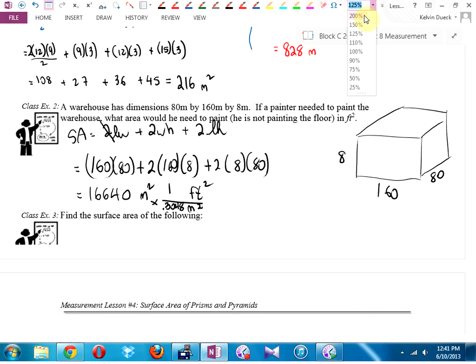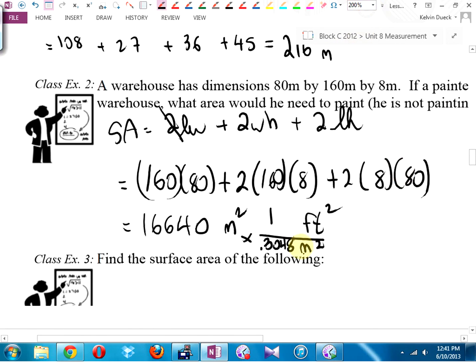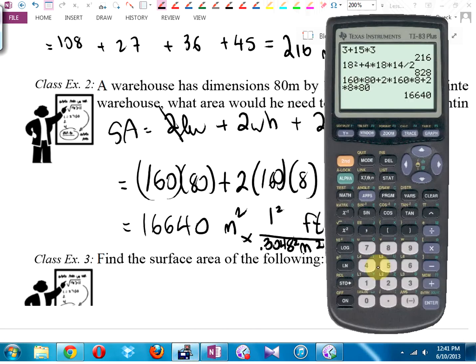Square. Add a squared, add a squared. Not that it makes a difference on the one squared, but I'll put it there for symmetry. It's going to be this number times 1, divided by 0.3048 squared. You need to know how your exponents work on your calculator, so make sure you try this. What is 16,640 divided by 0.3048 squared?